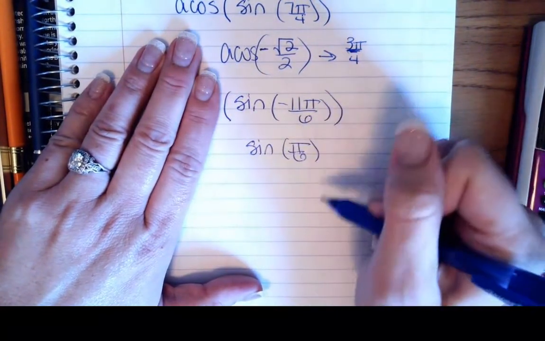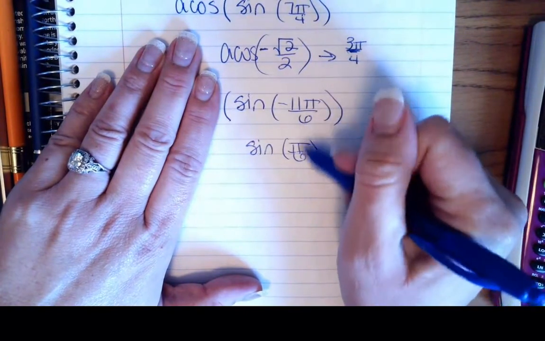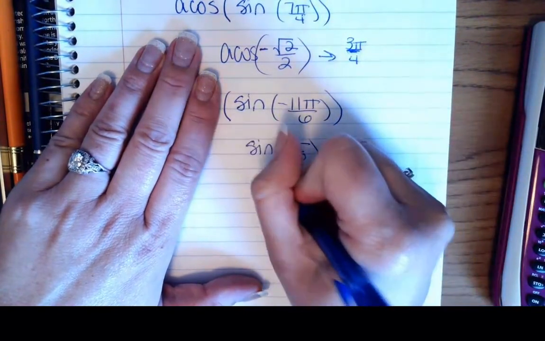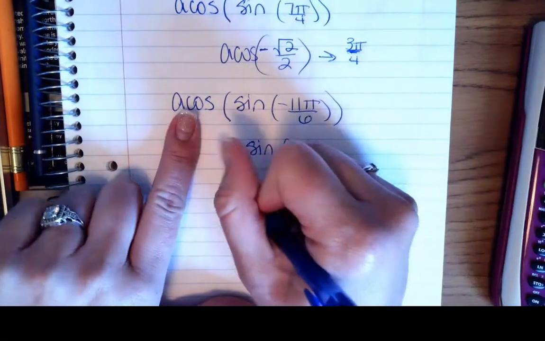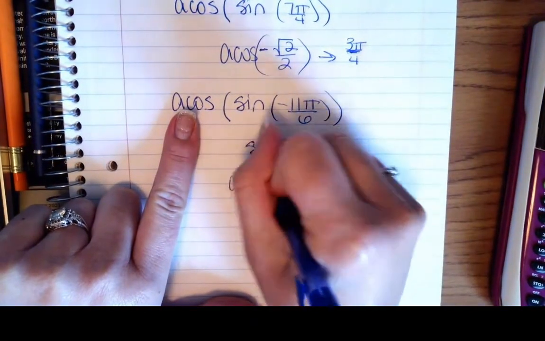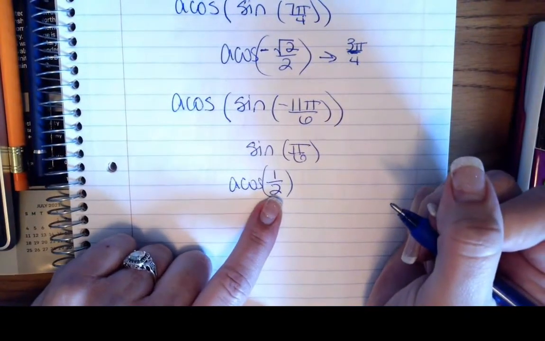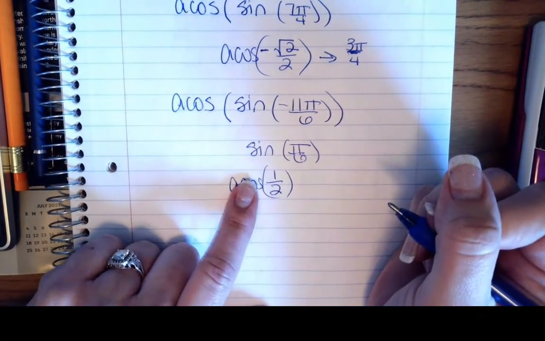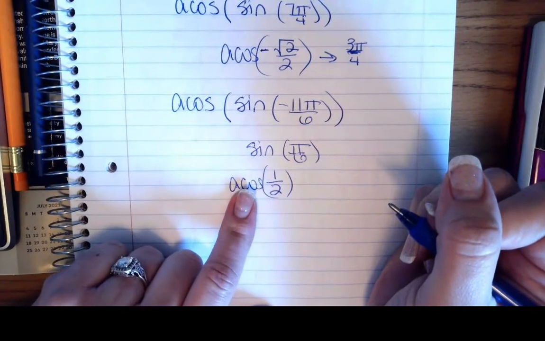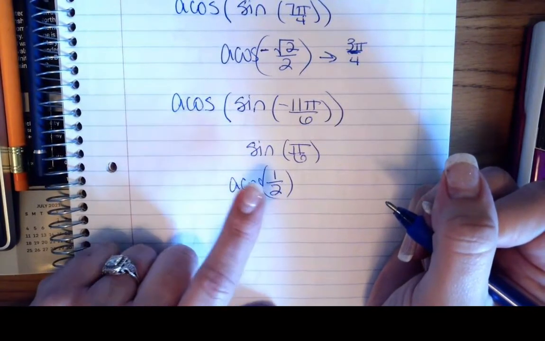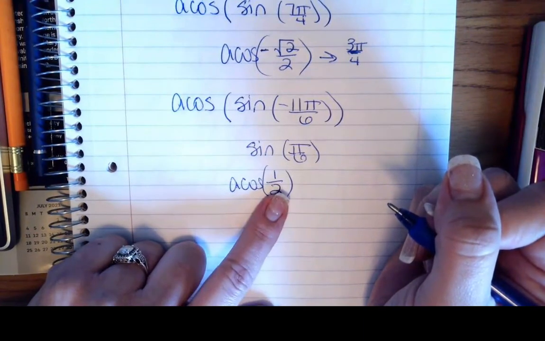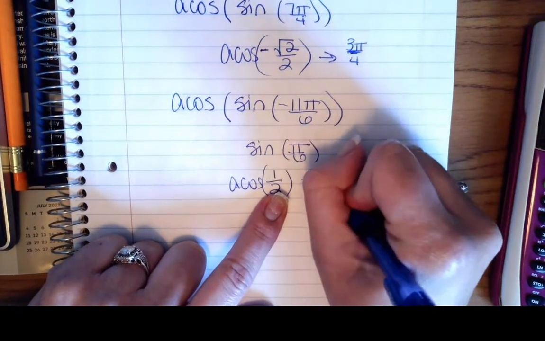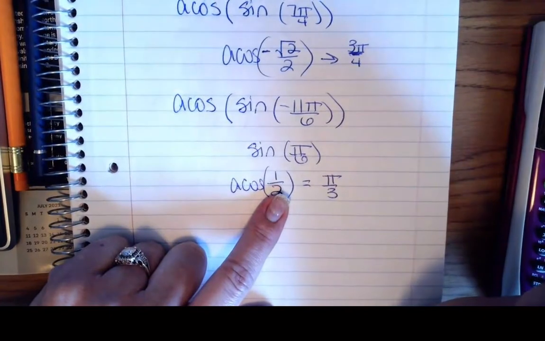What's the sine of pi/6? These are coterminal. The sine of pi/6 is 1/2. So I've answered that part. Now, where does cosine have a ratio of 1/2? What is the arc cosine of 1/2? Arc cosine lives in quadrants 1 and 2. This is a positive ratio, so you're in quadrant 1. And it has that ratio at pi/3.